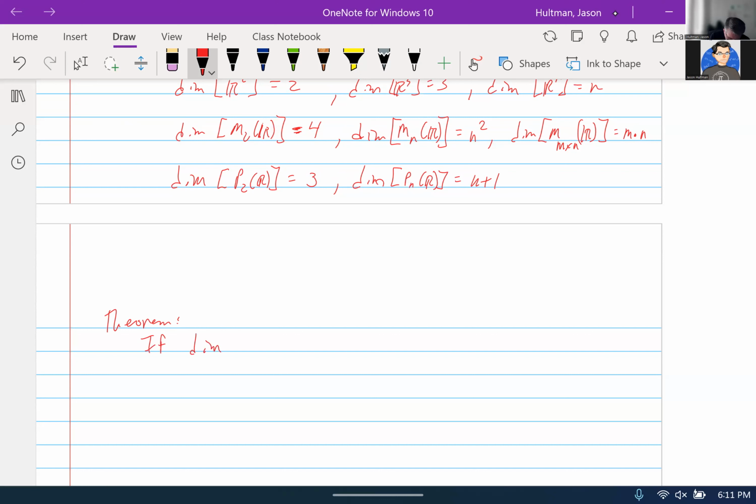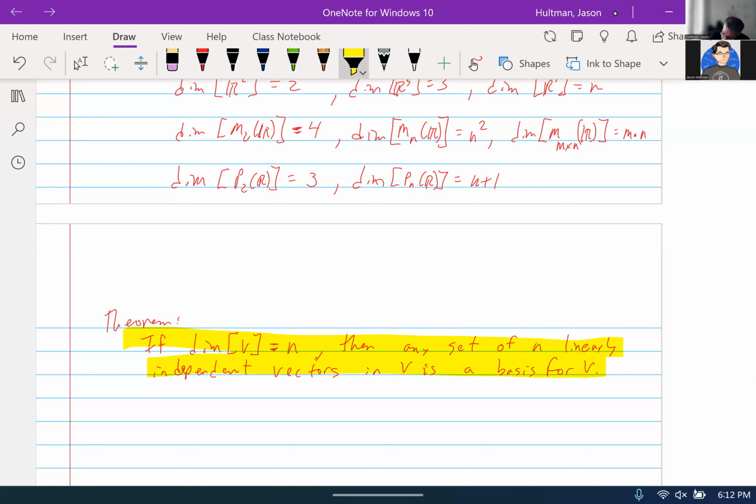If the dimension of V is equal to n, if the dimension of the vector space is equal to n items, then any set of n linearly independent vectors in V is a basis for V. Okay, so I'll highlight this one. This one's a big one.